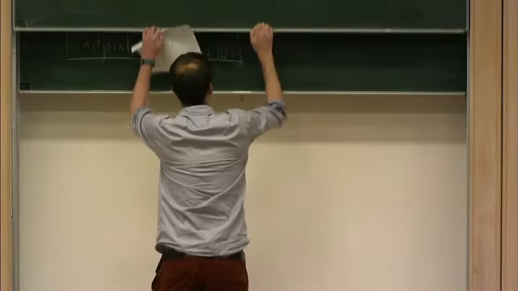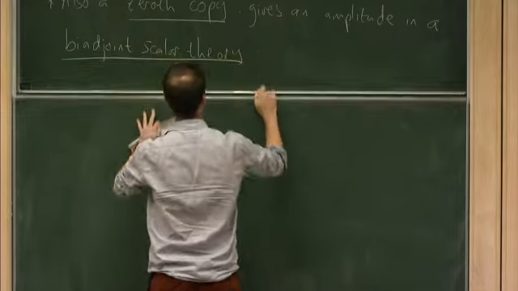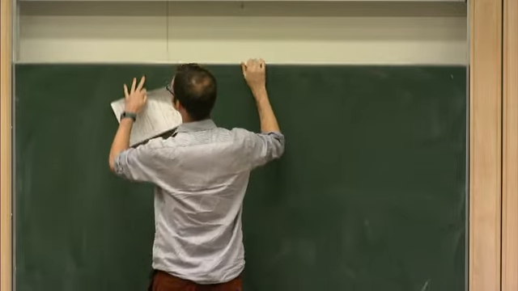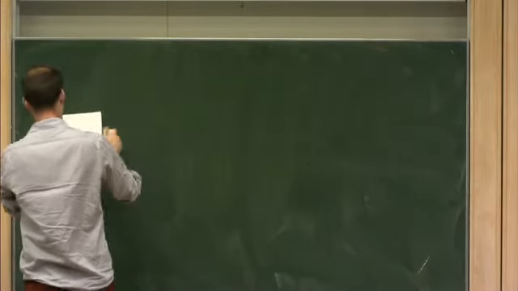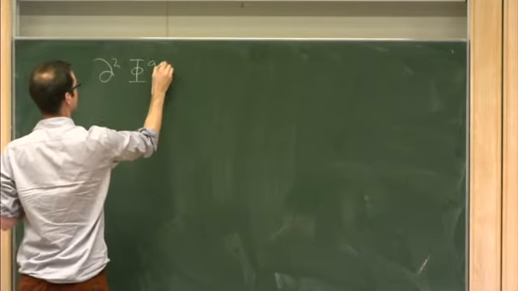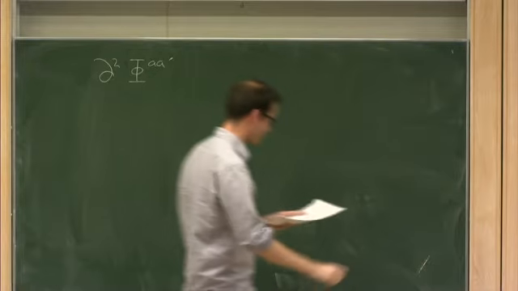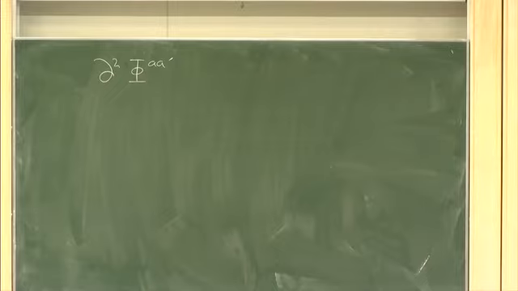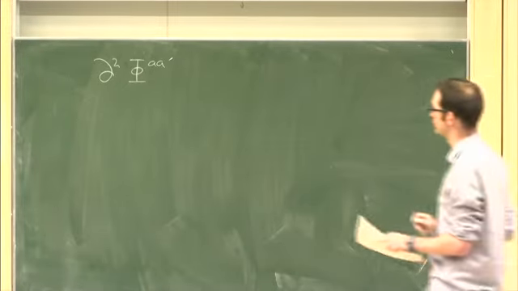So let me define this theory just by giving its field equation. It contains a field which is scalar, and it has two adjoint indices. So the full field is this contracted with two sets of color generators.